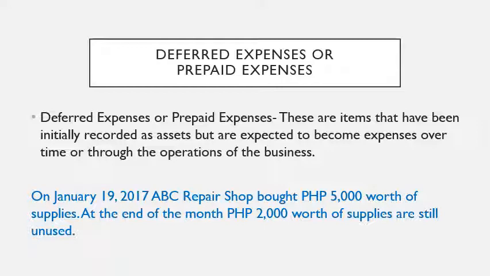And at the end of the month, yung 2,000 na supplies daw ay hindi pa nagagamit, meaning may natira. Okay? Take note, in deferred expense or prepaid expense, we are using asset method or expense method. So, dalawa yan. Take note kung gagamit ka ng asset method at kung gagamit ka ng expense method. Kasi magkaiba yung entry nung dalawang yan.